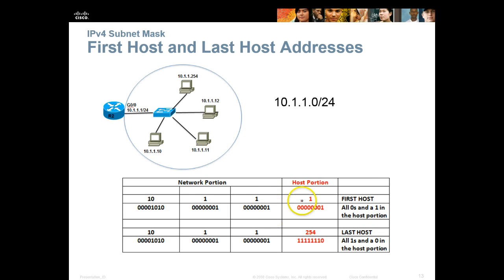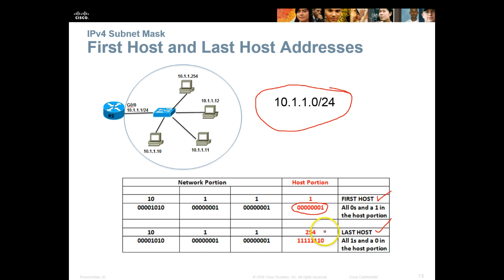The other thing that they're going to ask you for a particular network address is what is the first host address and what is the last host address. So first and last. The first host address is simply we represent the number 1 using all the host bits, whether it's 2, 4, 8, 16, 24. We put all those host bits together, and if the value is 1, that is the first usable address.